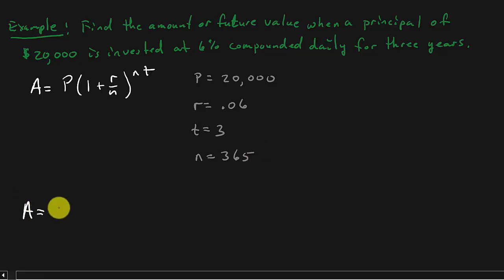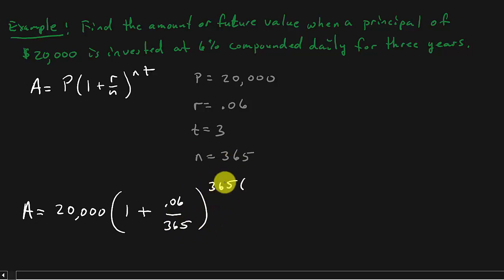So I get A is equal to 20,000 times 1 plus R, which is 0.06, over N, which is 365, and that is raised to the N, which is 365 times T, which is 3. And all I did, I plugged the numbers into the formula. That's it.